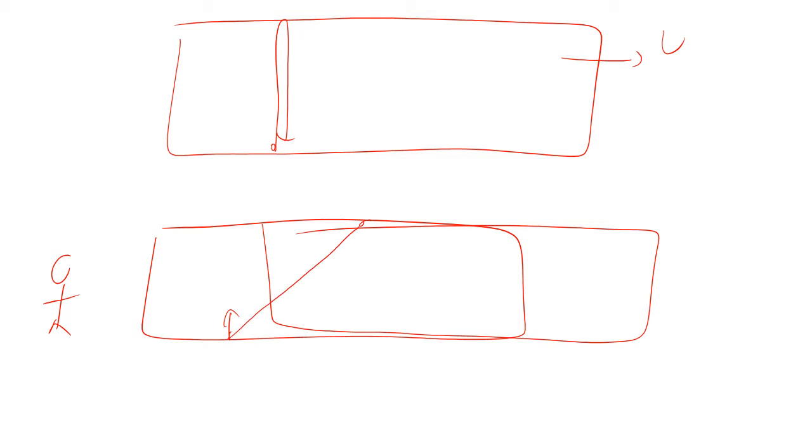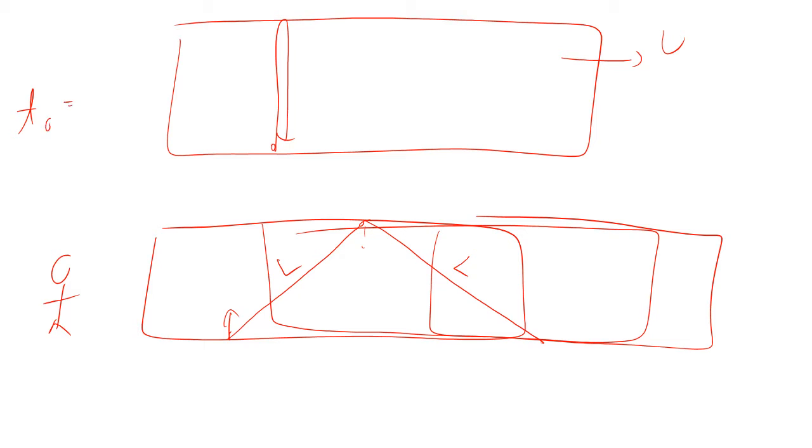So light really took that path. Then the light bounces back, but now the box is over here, so light really traveled that path right there.